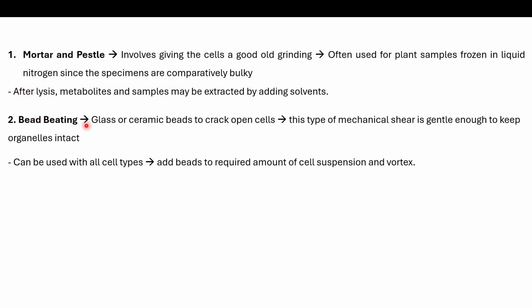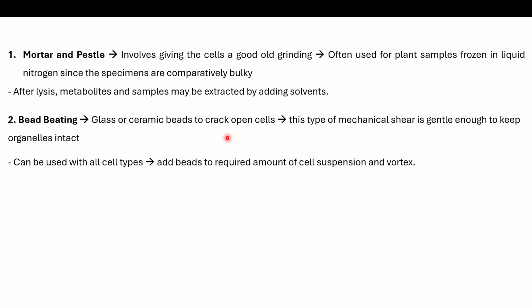Then there can be bead beating as well. There are glass or ceramic beads, like spheres, which are there to crack the cells open. Suppose you have a beaker or a tube where you have put in glass or ceramic beads, these spherical balls, and then you have put in your cell mixture.